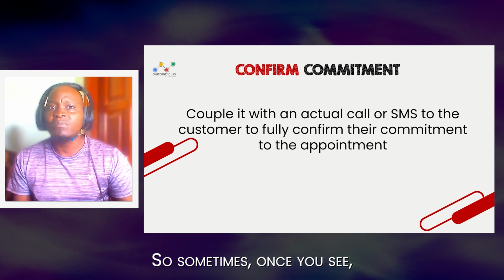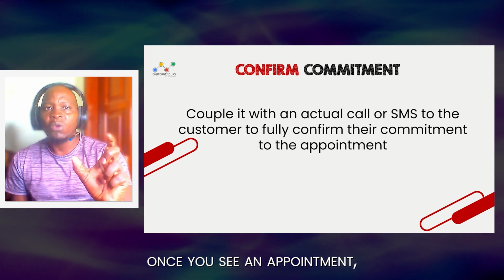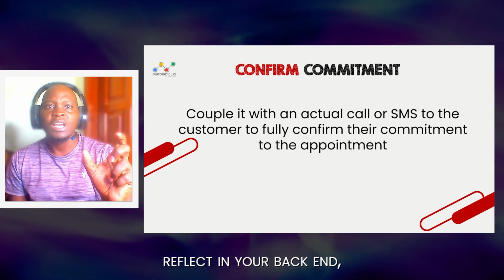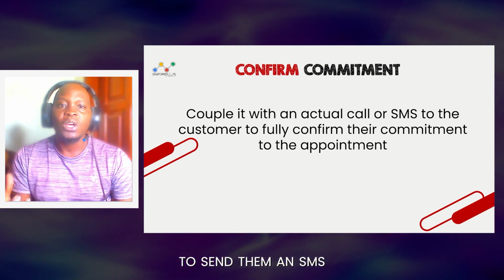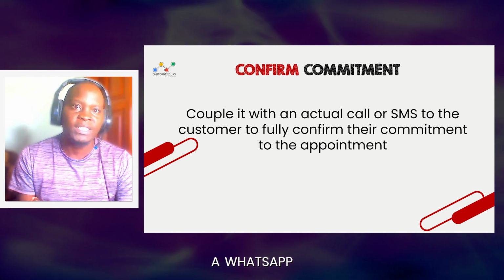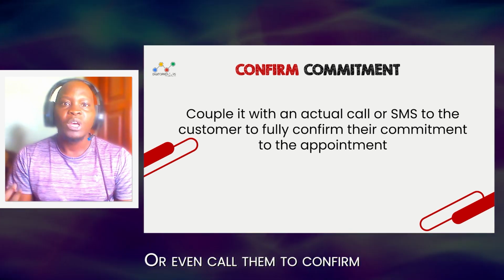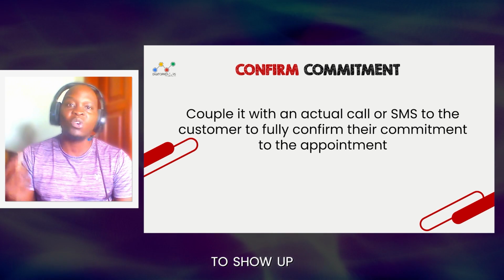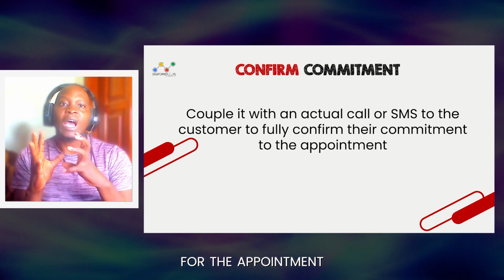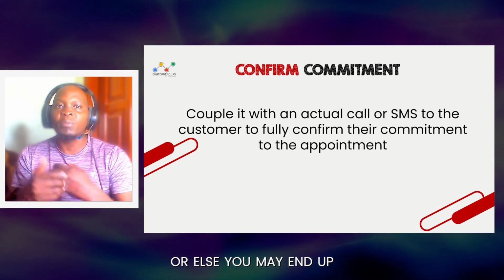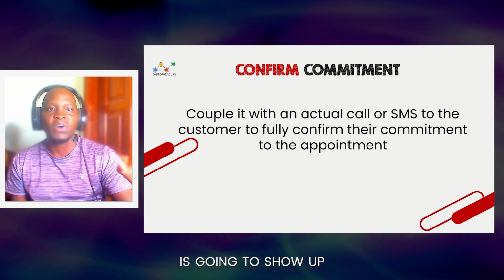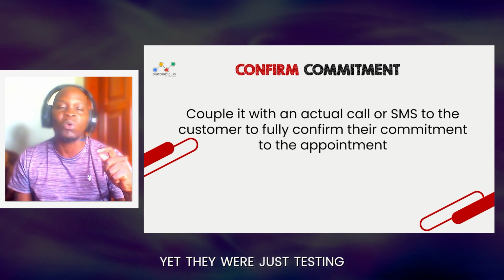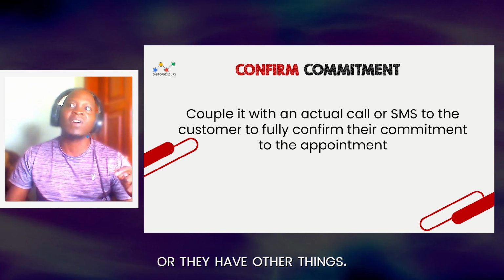So sometimes once you see an appointment reflect in your back end, it's a good practice to send them an SMS, a WhatsApp, or even call them to confirm that they are actually going to show up for the appointment. Or else you may end up wasting your time thinking that someone is going to show up for an appointment, yet they were just testing or they have other things.